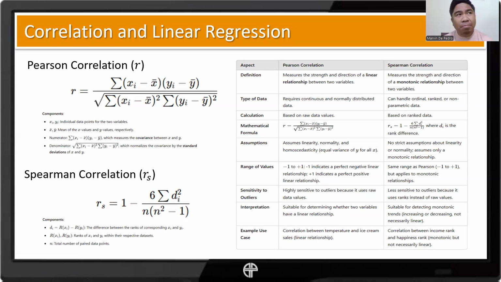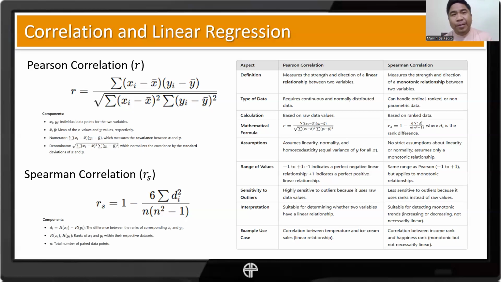So many statisticians and engineers usually use spreadsheets or some statistical software to compute for the R. But if you would like to compute it on your own, then you basically need to list down first all your pairs of values: the value from the independent variable, which is x, and its corresponding counterpart on the y.